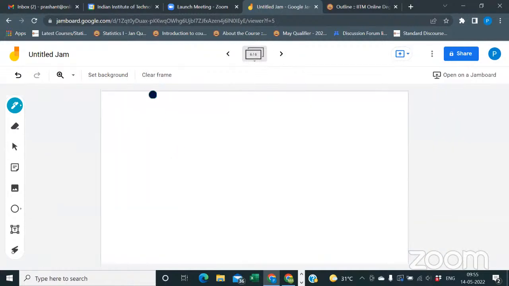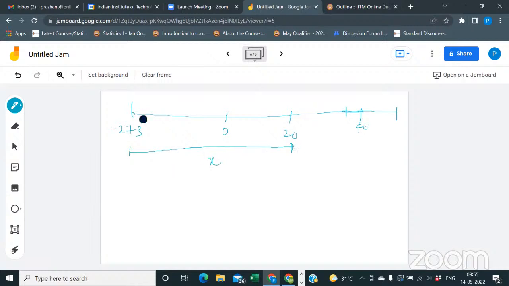It can go in negative, for example, the lower limit of temperature, if I'm not wrong, is minus 273. Suppose 0 is here, 20 is here, and suppose 40 is here, up to whatever upper limit. So suppose the distance from this to this is x. Then suppose the distance from this to this is y.